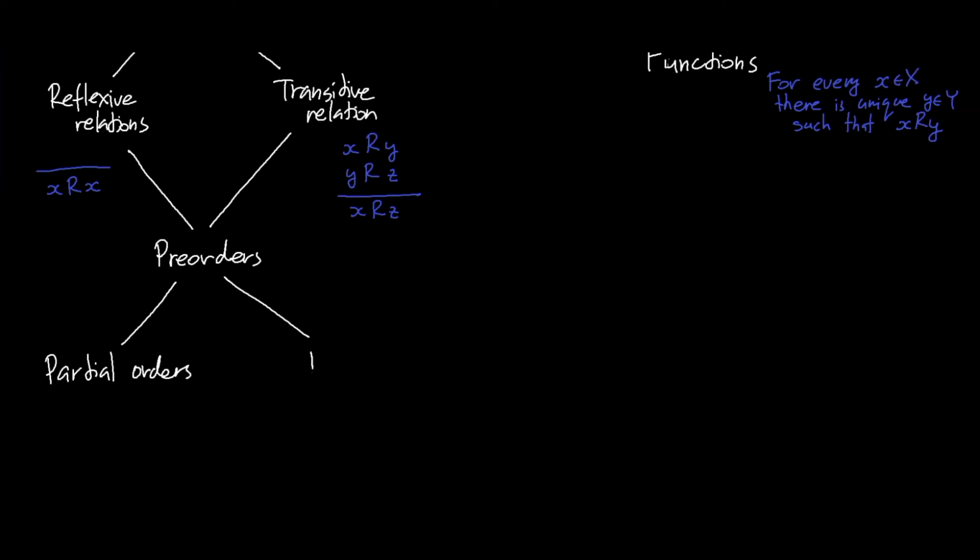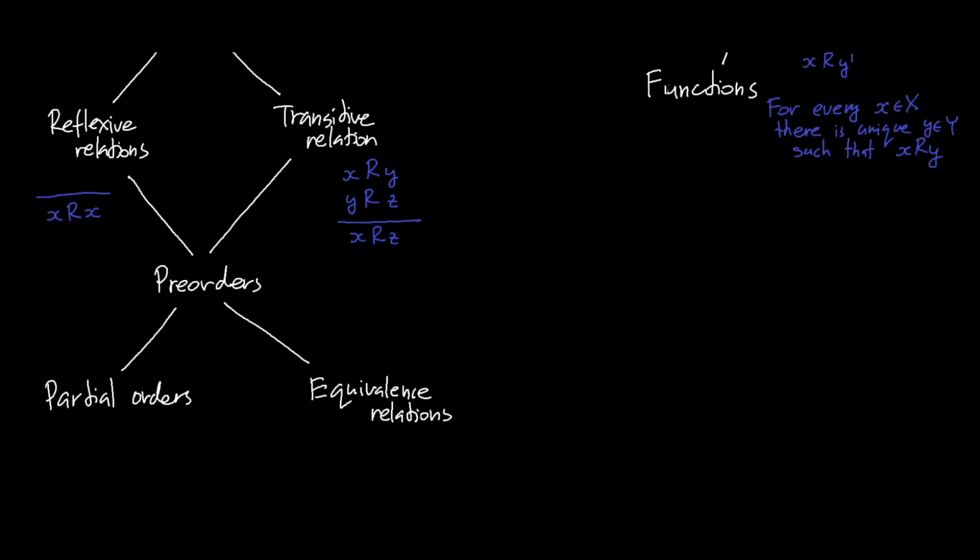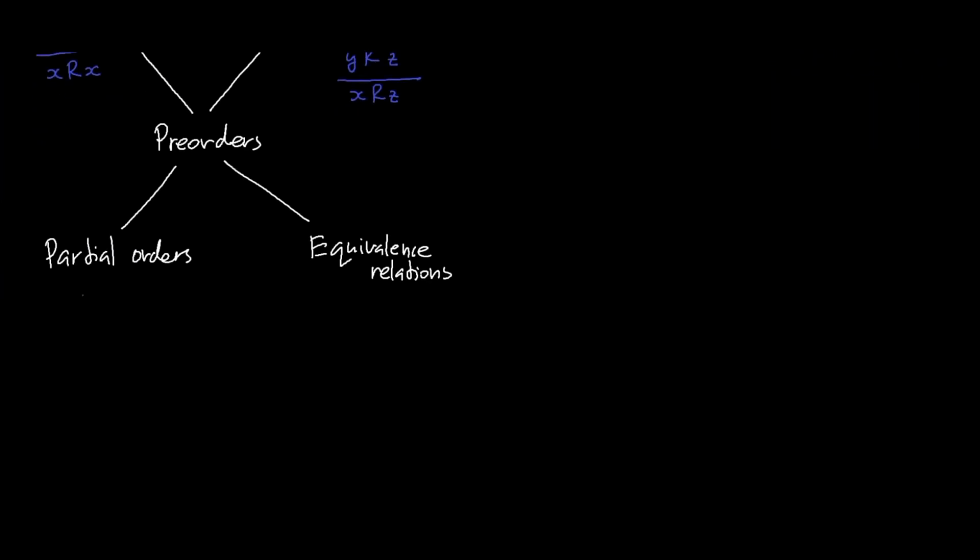And on the other side, we've got equivalence relations. So what are these? Partial orders are preorders, in other words, something that's both reflexive and transitive. And in addition, it satisfies the property that if X is related to Y and Y is related back to X, then X and Y must equal each other. Whereas equivalence relations are kind of opposite to that.